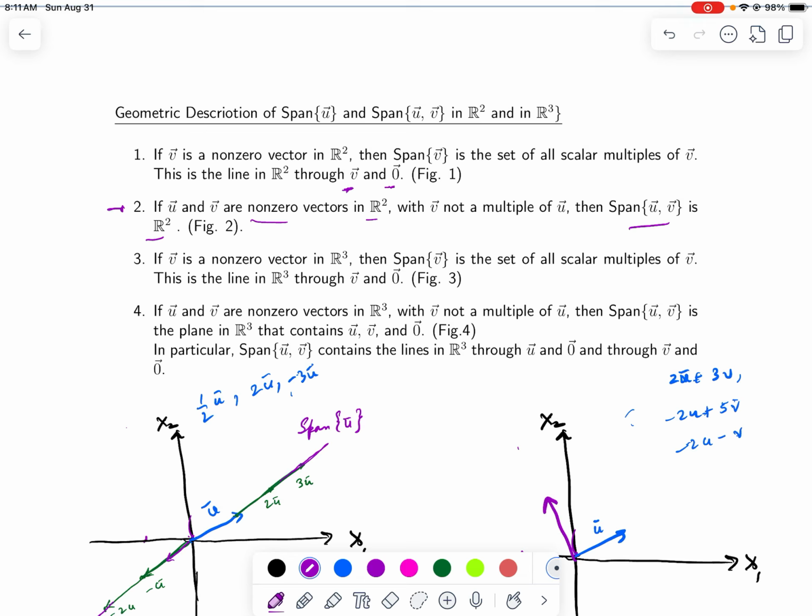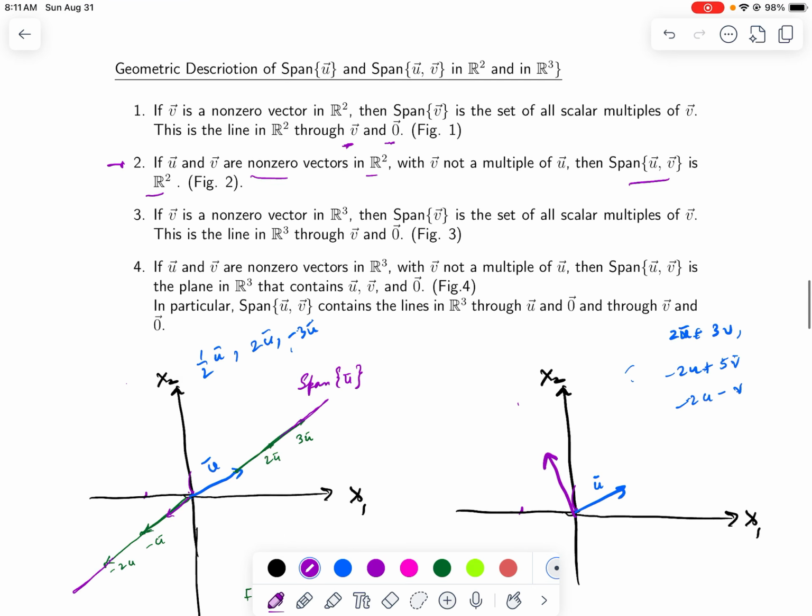R2 means the horizontal plane. So here we have the vectors u and v. You should know that negative v will be a vector in the opposite direction but of the same length. So let's say this is negative v. So negative u will be over here.